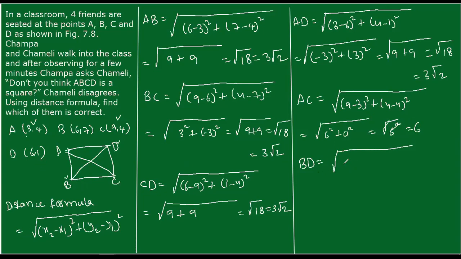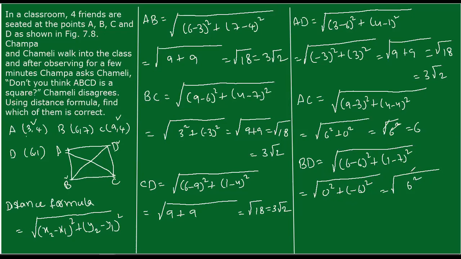So here I can write 6 minus 6 whole square and 1 minus 7 whole square. 6 minus 6 is 0 obviously, and 1 minus 7 is minus 6 square. 0 is nothing, I don't want to consider that. So the remaining value is minus 6 square.